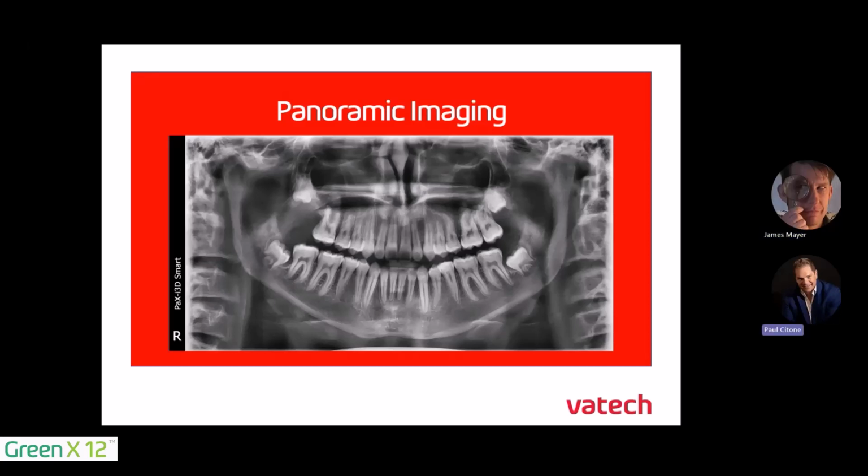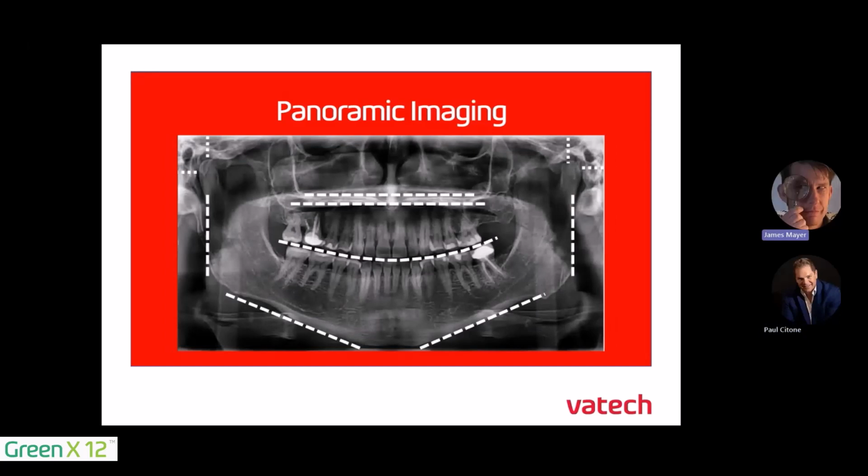Right. Several things. Why don't you take me through what we're seeing here and what those 6 or 7 evaluation techniques we use to look at a pan. Yeah, so the dashed white lines outline just what we're looking at. We don't want the occlusion flat. We want a slight smile by having that 10-degree angle of the posterior teeth, which creates that slight smile you see there.